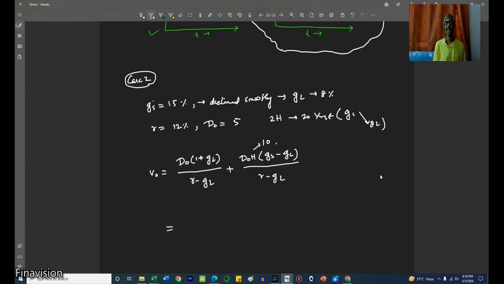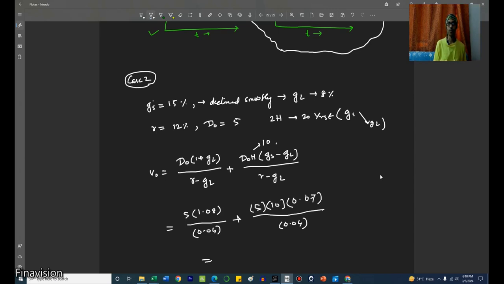Now we will calculate the value from the formula. 5 into 1.08 divided by 0.04, because it is 0.12 minus 0.08, plus again 5 into 10 into GS minus GL, which is 0.15 minus 0.08, that is 0.07, by again 0.04, right?